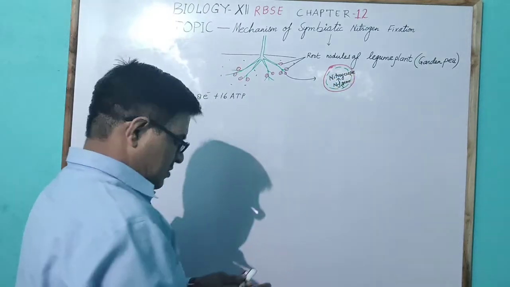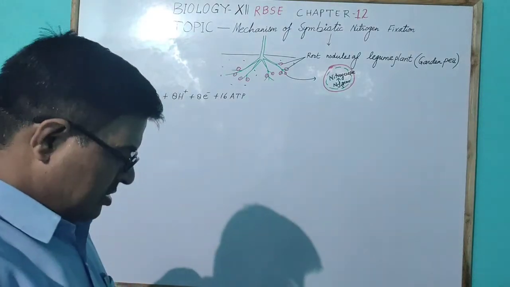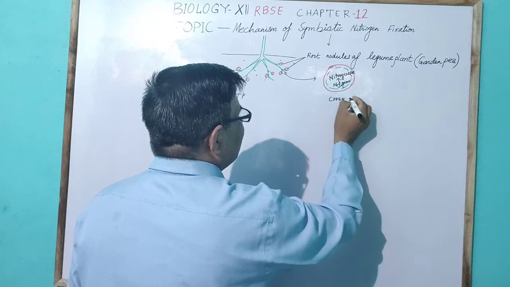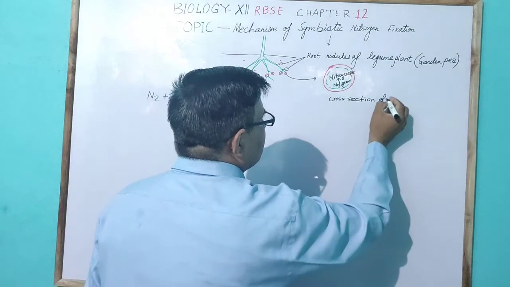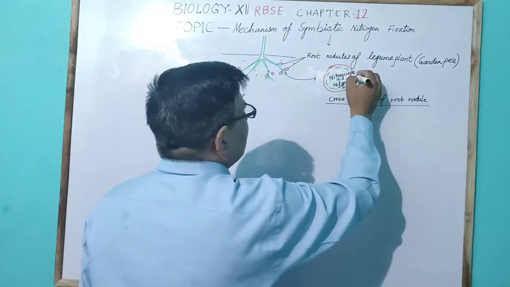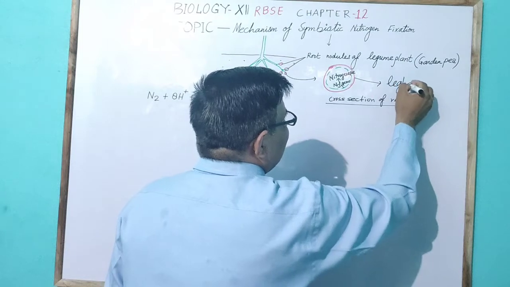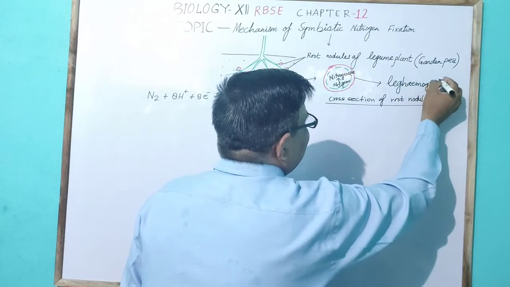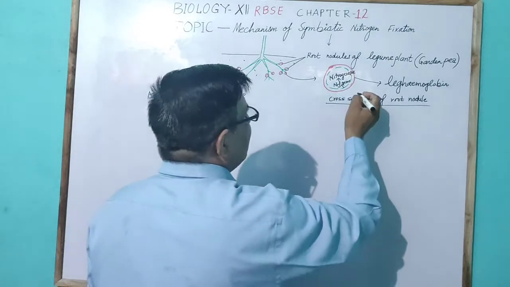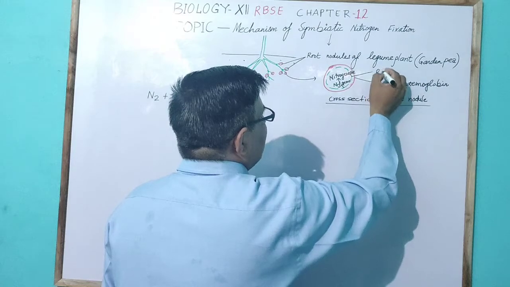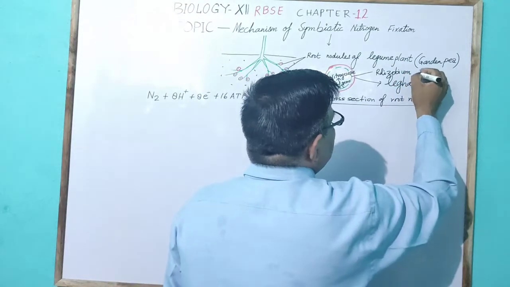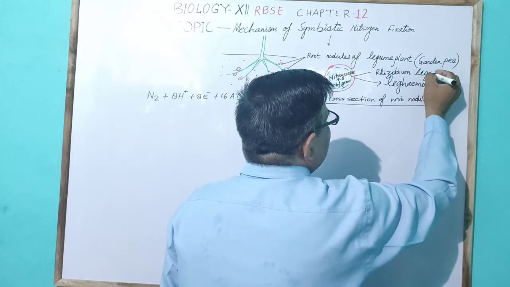So nitrogenase enzyme formation occurs in the root nodule, and this is the cross section of the root nodule, which shows the presence of leghemoglobin. Leghemoglobin is the red colored pigment, and here is the bacterium called Rhizobium. The complete name of the bacterium is Rhizobium leguminosarum.